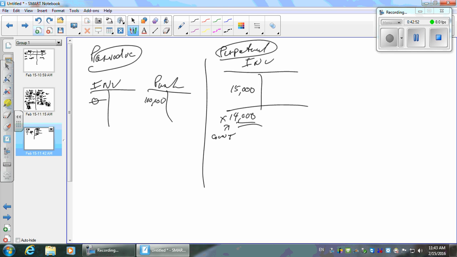If I counted 14, I don't know that it should have been 15 because I'm not using perpetual, I'm periodic. So 14, right? Everybody agree? My closing entry for the inventory adjustment would be debit merchandise inventory for 14,000, and credit income summary for 14.